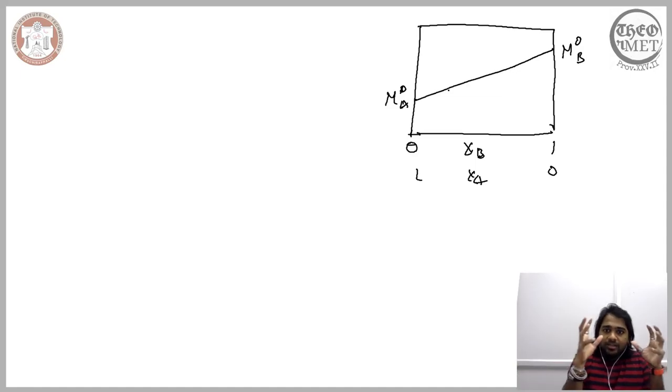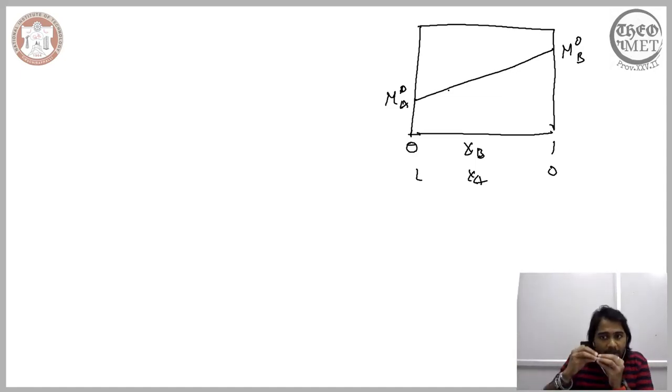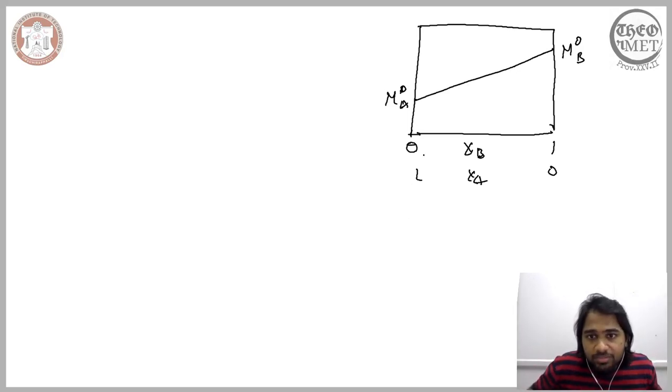We saw in our previous discussion that when there is a possibility of a solution being formed between the two components, one indication of the solution is that it deviates from this linear relation.